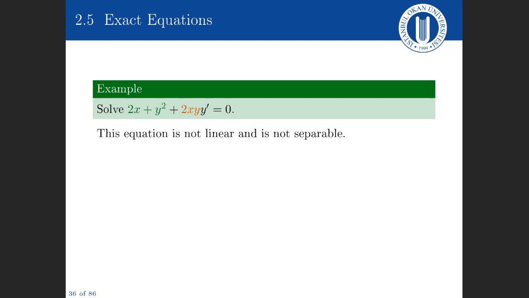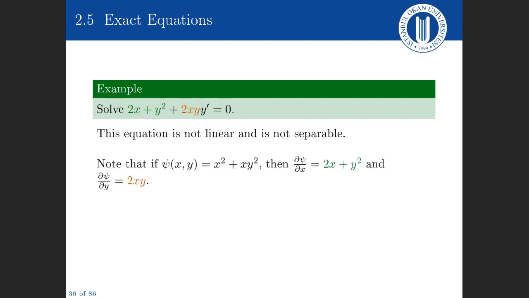Let's suppose we want to solve 2x + y^2 + 2xy y' = 0. This equation is not linear and it's not separable.